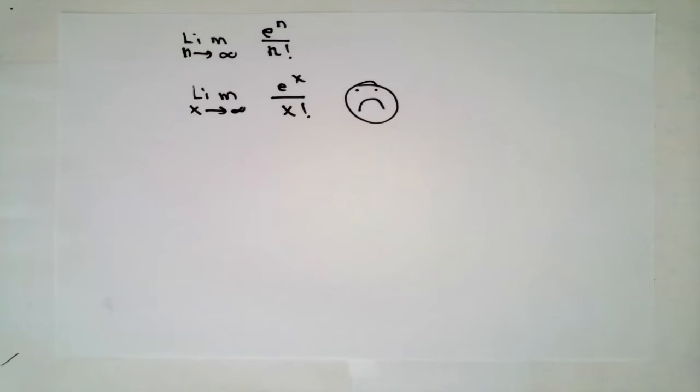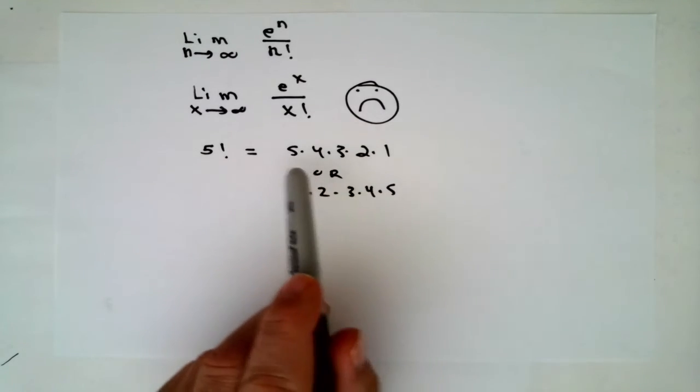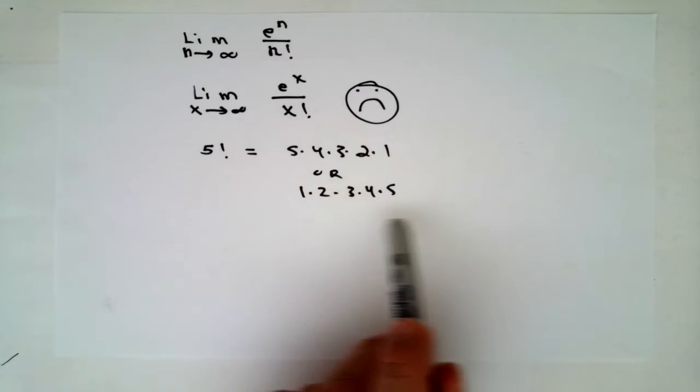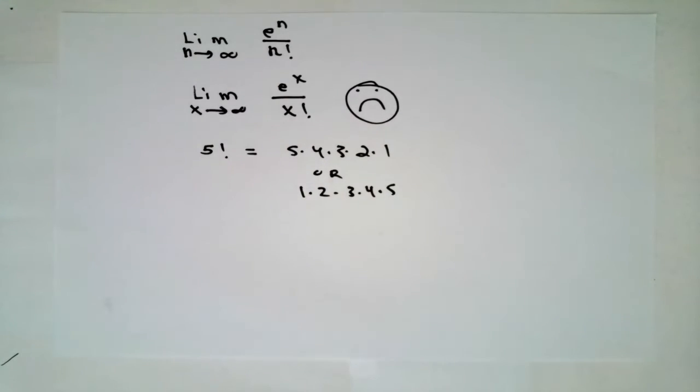Remember what the factorial was. For instance, 5 factorial is the product of all positive whole numbers from 1 up to 5. I could write them in decreasing order, which is often done, or I could write them in increasing order. It makes no difference.